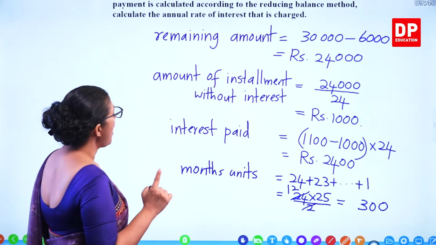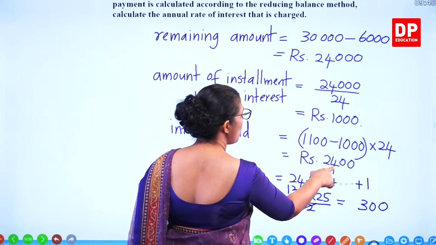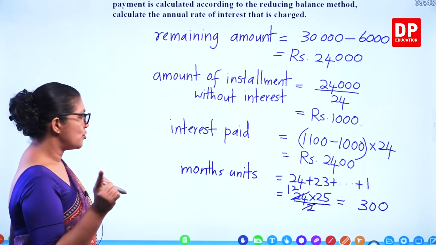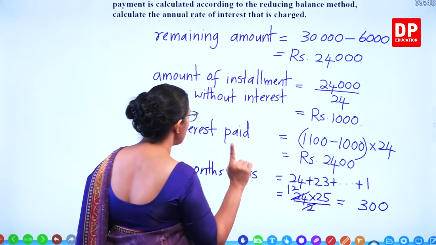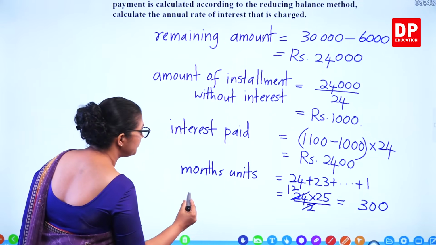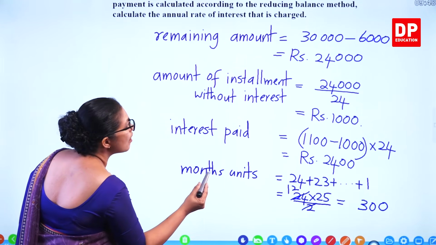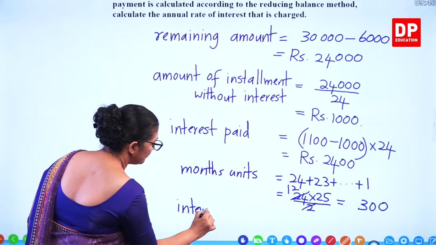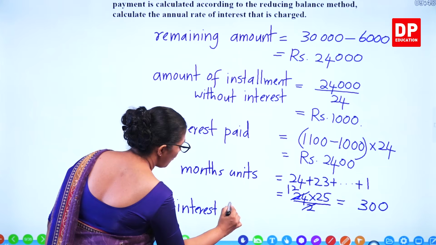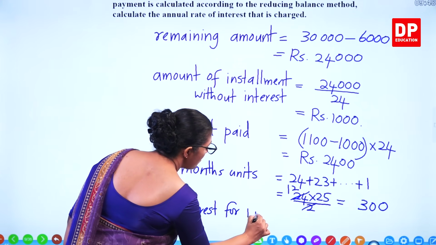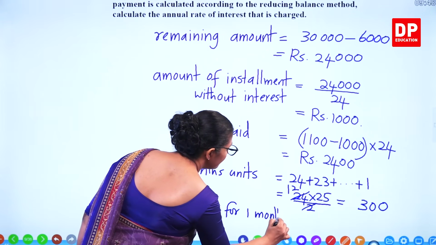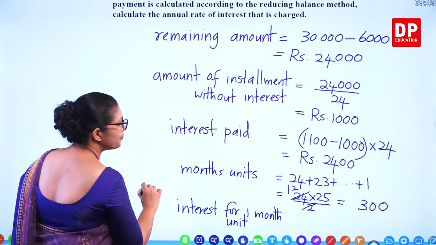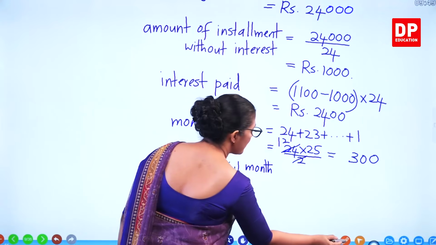So you have to pay 2,400 for 300 months units. So what is the amount for 1 month unit? 1 month interest for 1 month unit you can divide by 300.